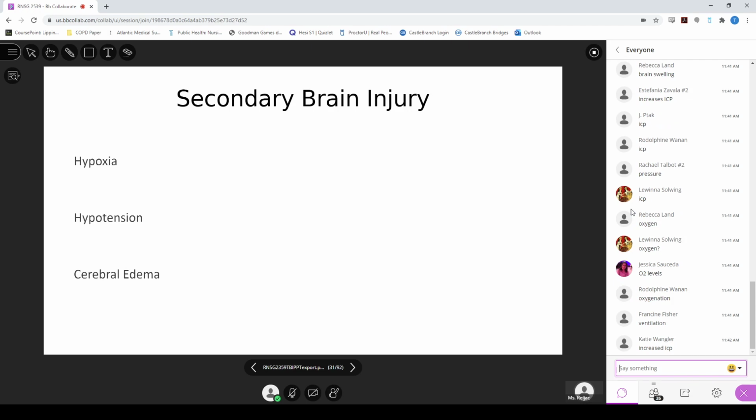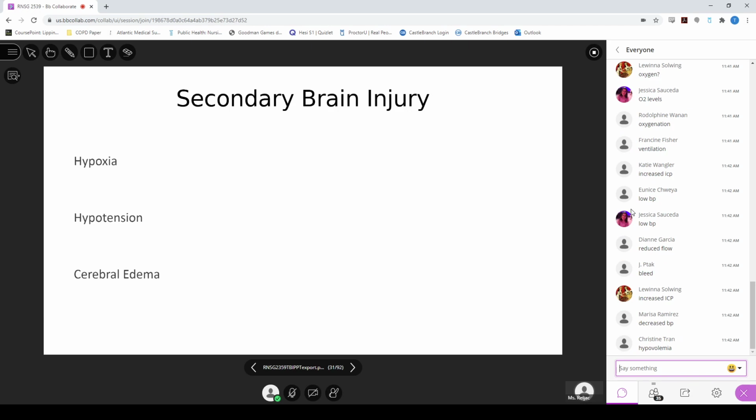A buildup of carbon dioxide will cause your vessels to dilate. So cerebral vessel dilation. When you have vessel dilation, what does that cause? Increased ICP, that's right.